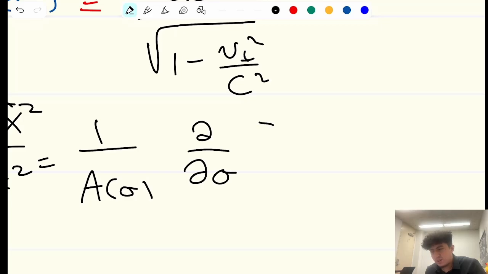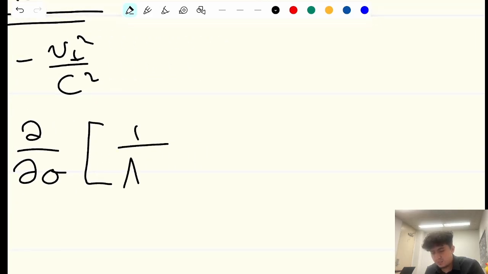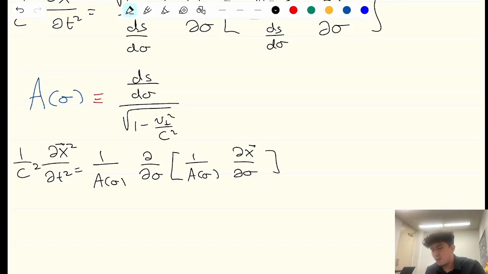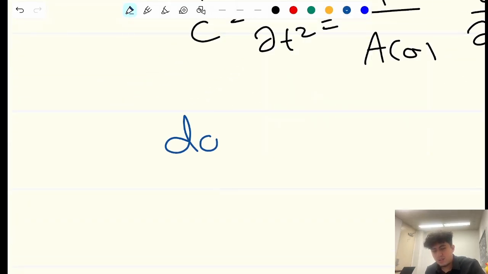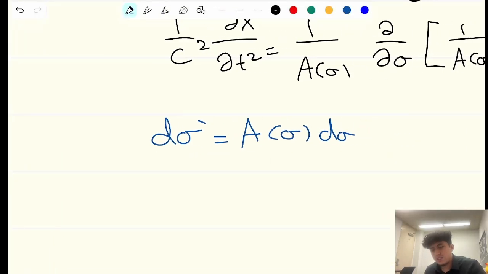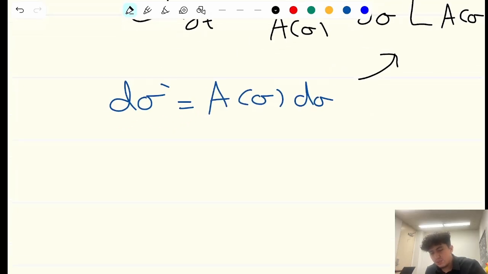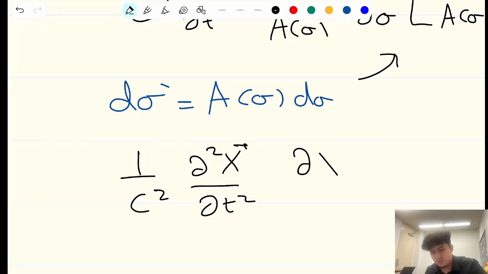This A quantity is not going to be that relevant, so you don't have to remember. It's just to make a point. We're just going to make the point that now we can define a new coordinate. We're going to define it this way, A d sigma. Cool. So then this is going to allow us to put this equation into a wave equation form. You see, this is a wave equation.